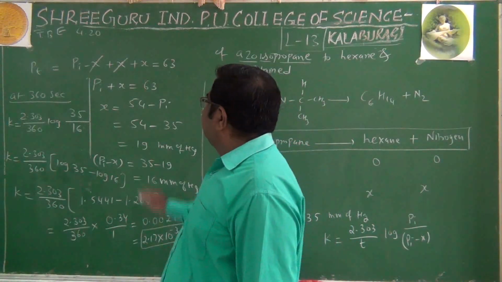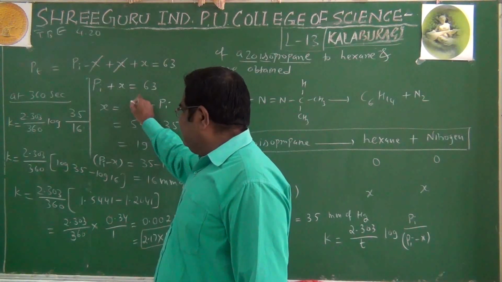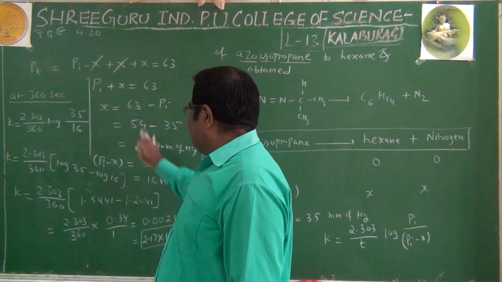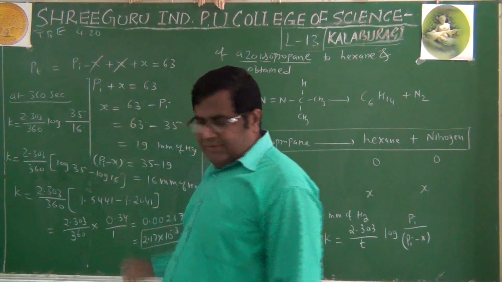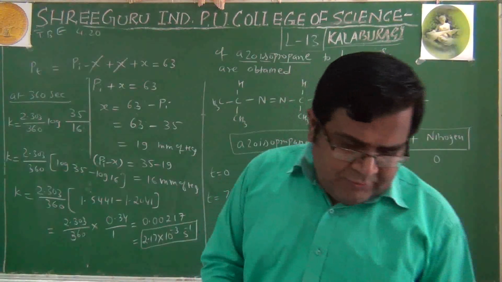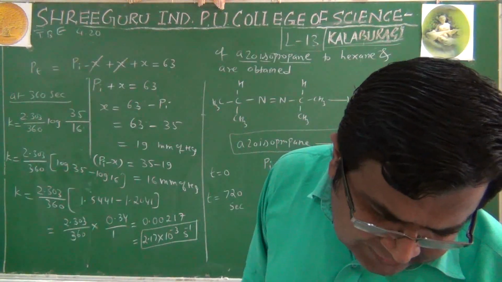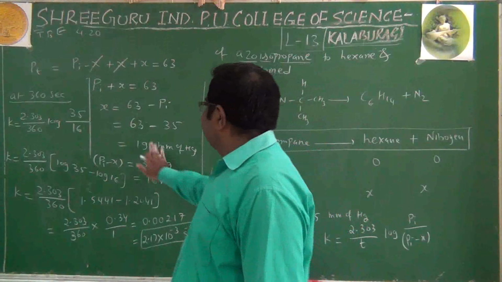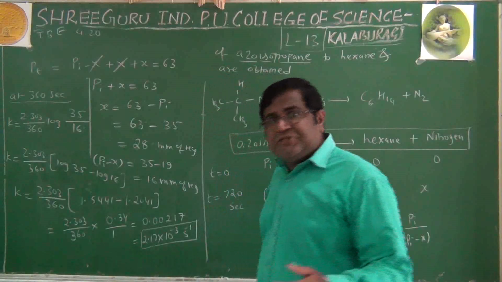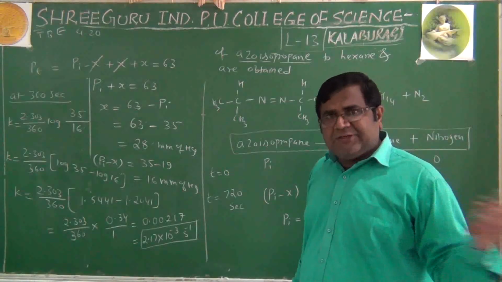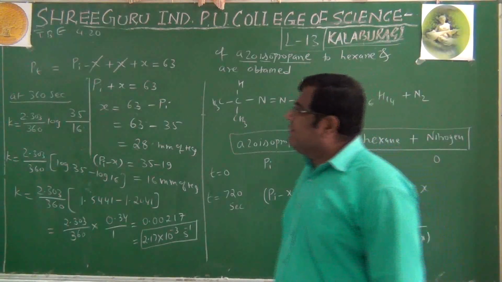Then x is 63 minus Pi, then this is 63 minus 35. So when it is 63 minus 35, it happens to be 28. So x has changed because the reaction has proceeded further from 360 seconds to 720 seconds.